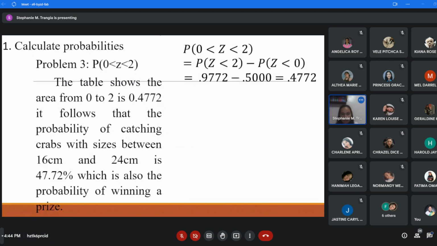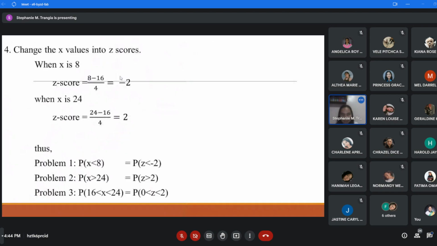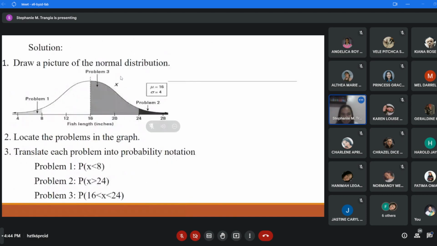Okay. So, basta the area is at the center, you find the area to the left of the one at the right side minus to the left of the one on the left side. So, ana lang siya. Kung sa drawing pa, meaning, from 24, padulong sa left.